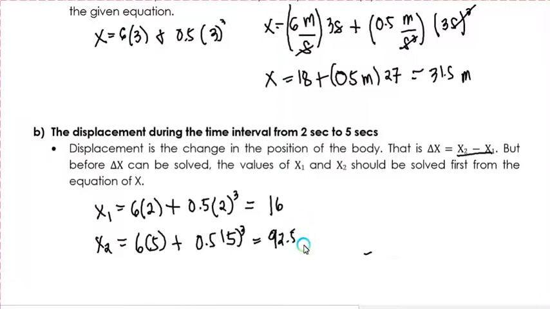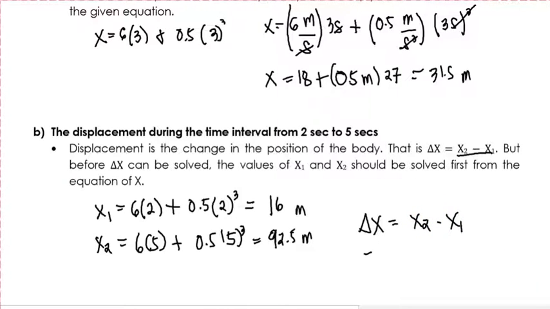So take note that our unit here will be meters and meters. And since we have the values of our x sub 1 and x sub 2, take note that what we are looking for is the displacement. So the displacement will be equal to the change in the values of our x from 2 seconds to 5 seconds. So to find the change of x, we subtract: x sub 2 minus x sub 1.